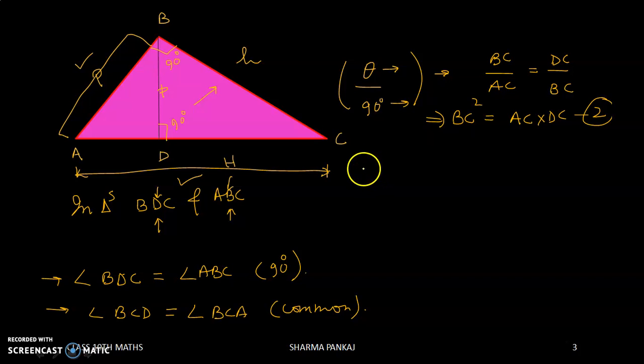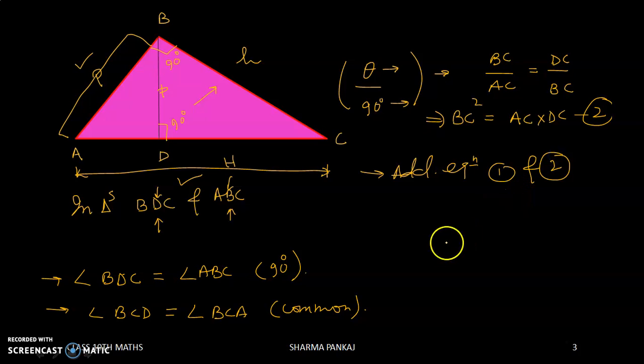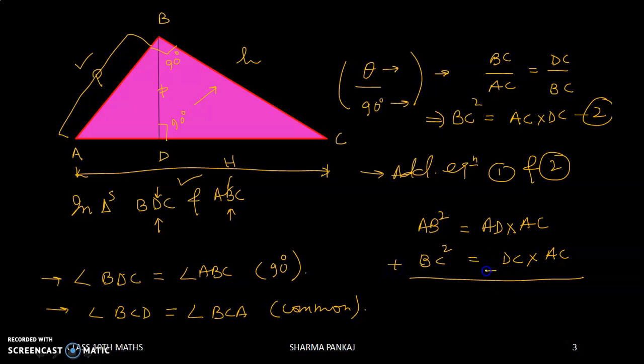Now what we are going to do? Finally we are going to add equations 1 and 2. That is AB square is equal to AD into AC, and BC square is equal to DC into AC. Add this.